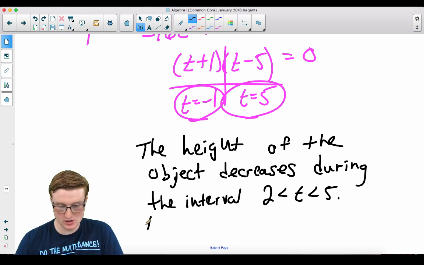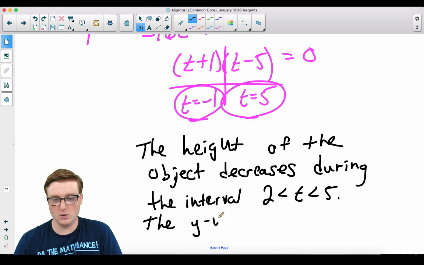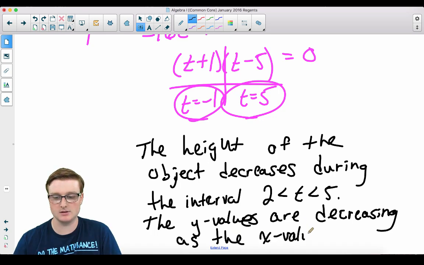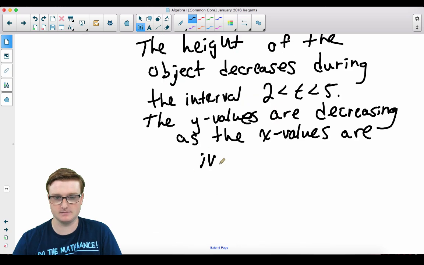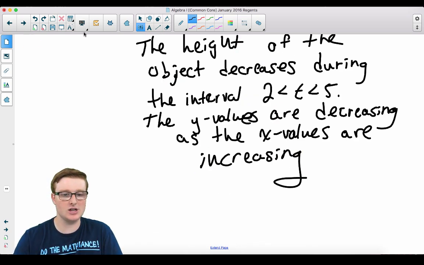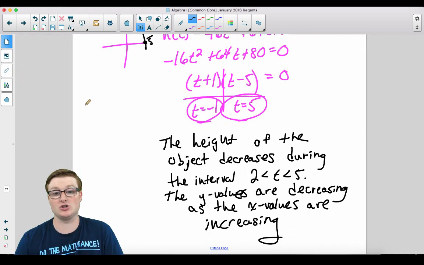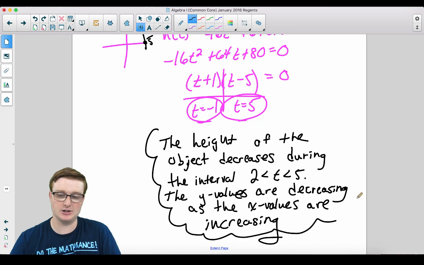And to explain it, you could just say that the y values are decreasing as the x values are increasing. And that, ladies and gentlemen, is your answer to that part of the question. And that is your explanation right here.